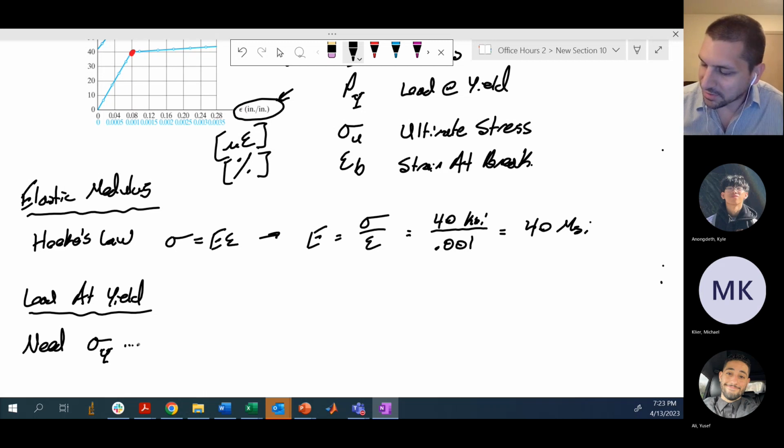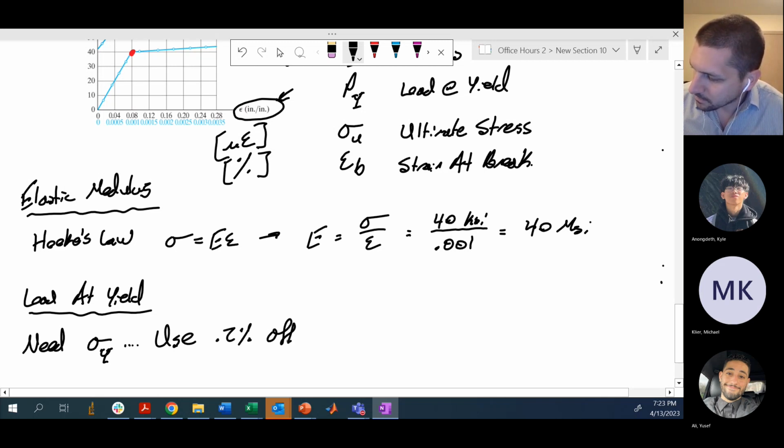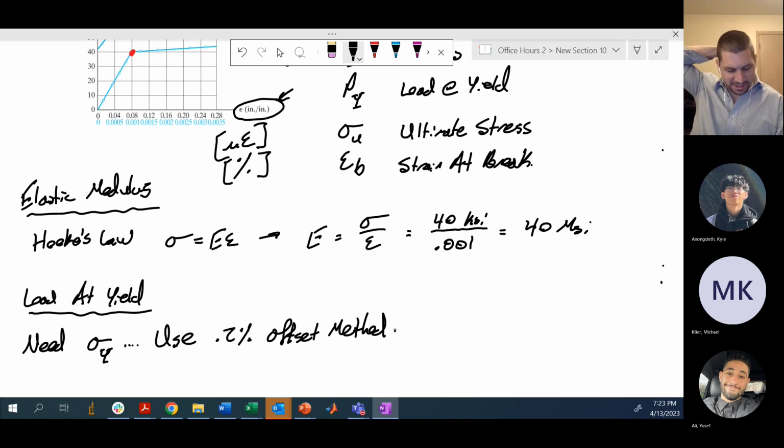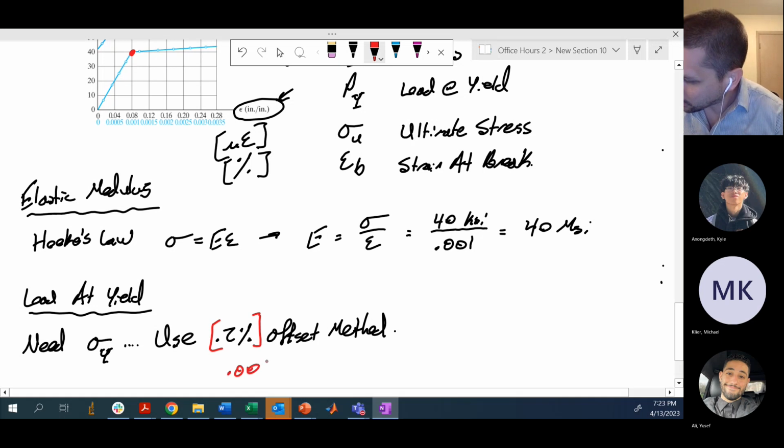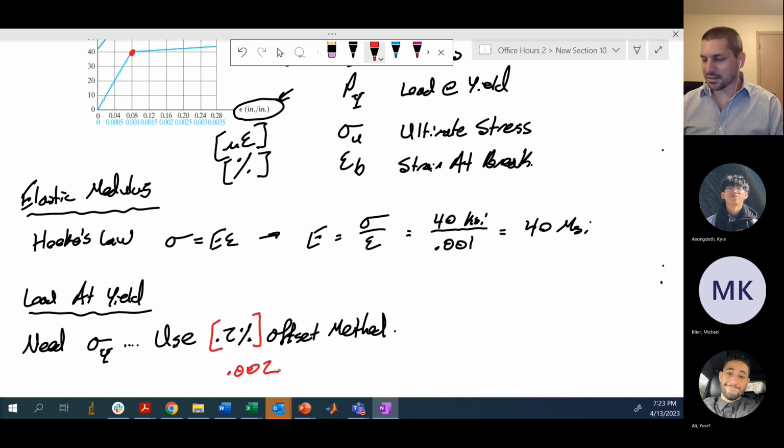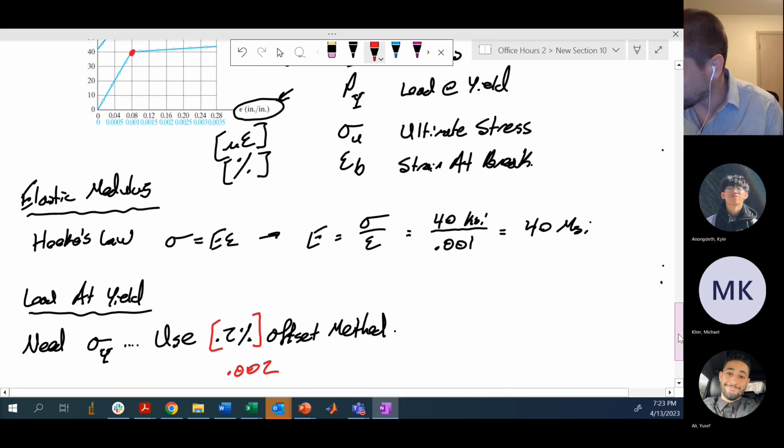And the method that we talked about in class is the 0.2% offset method. All right, so 0.2%, again, be mindful of the units of strain. So 0.2% is 0.002, right? So if the strain units are inches per inch or unitless in some way, then we want to start our offset method at 0.002, not 0.2. Again, be very careful about that.